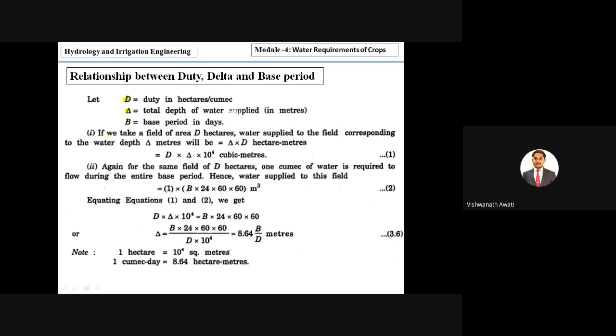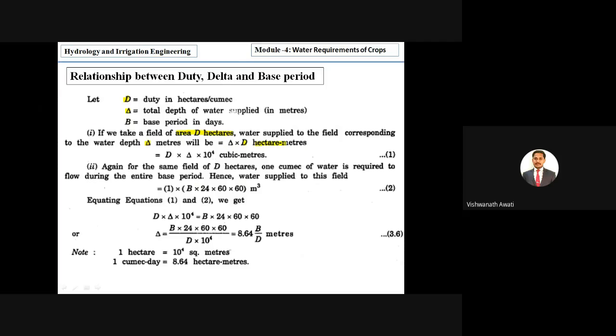One condition: if we take a field of area D hectares, the water supplied to the field corresponding to the water depth delta meters will be the area D hectares into delta, so it will be delta into D hectare meters, right?